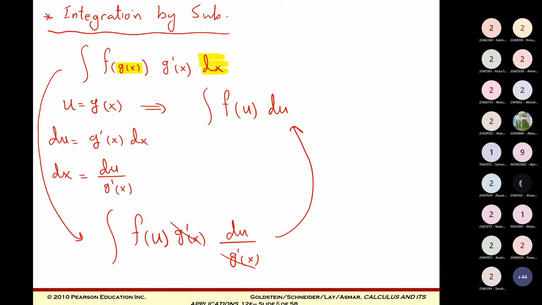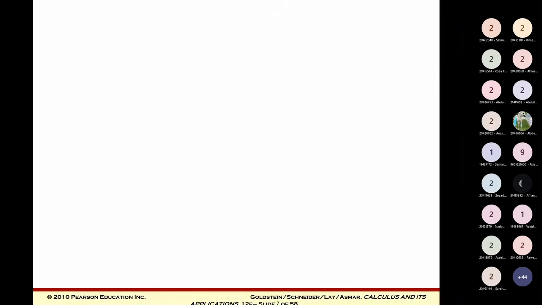Okay, now how can we know to use substitution to solve this example in integration and so on?